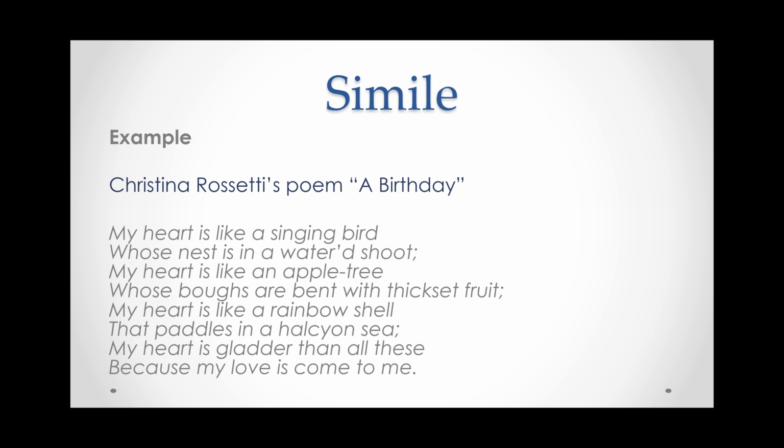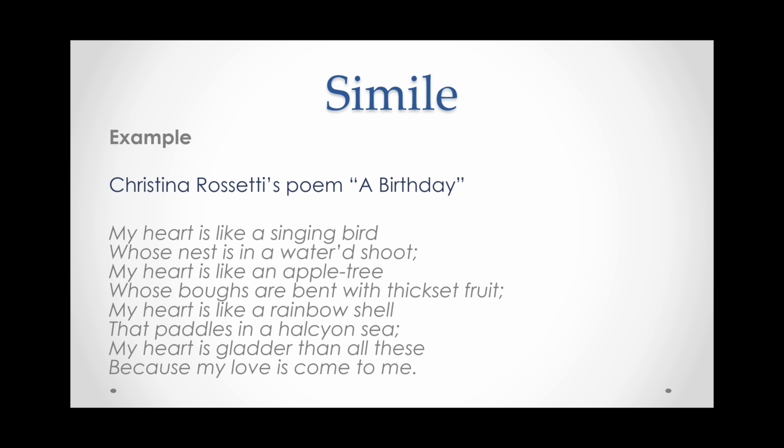In these lines, Rossetti uses simile 3 times. First, she says, her heart is like a singing bird. Then she says, her heart is like an apple tree. And lastly, she says, her heart is like a rainbow shell.